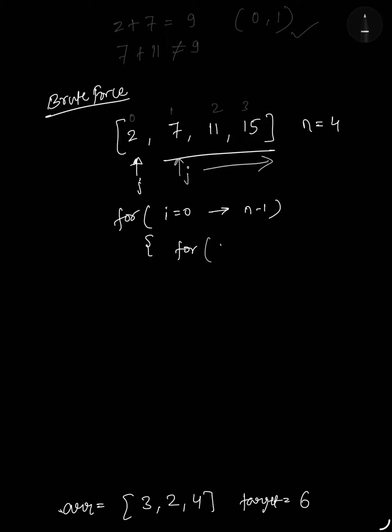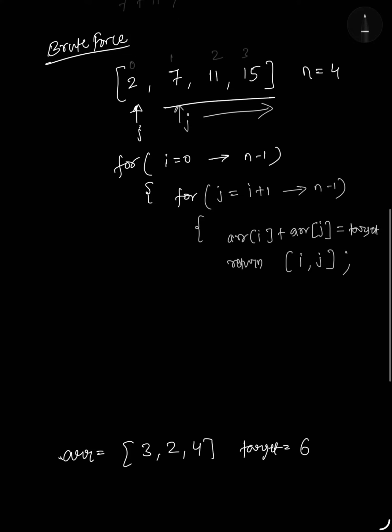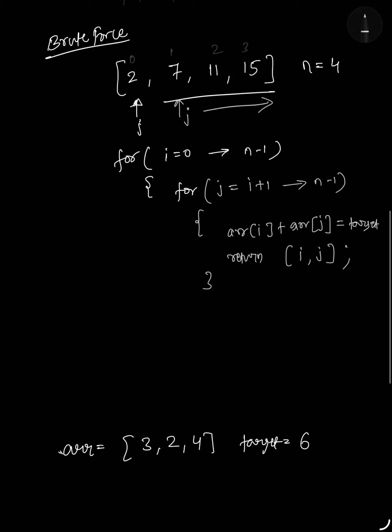So the j loop runs from i plus 1 till n minus 1. Then I check if array of i plus array of j gives me the target value. I can return this as my answer. We can use a list or return a tuple based on the question. The question asks to return an array, so we return an array with the i and j positions, and that's all.